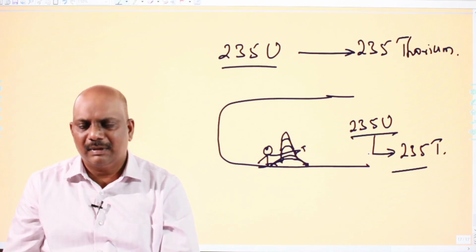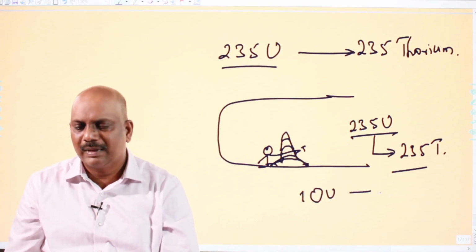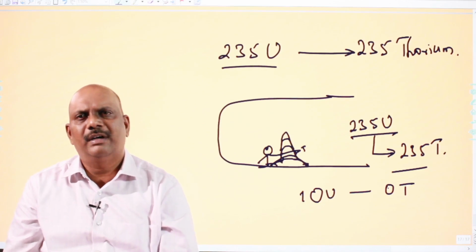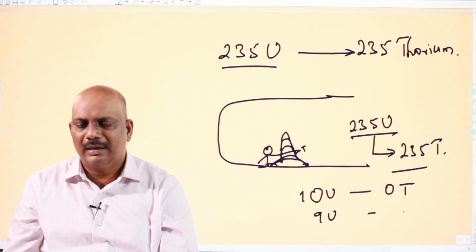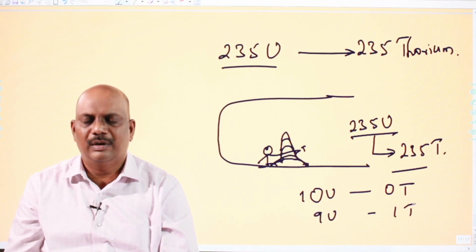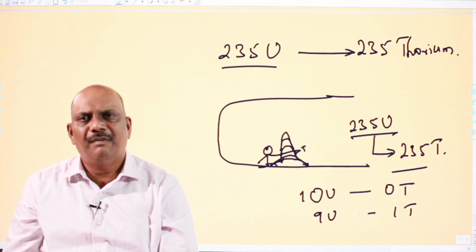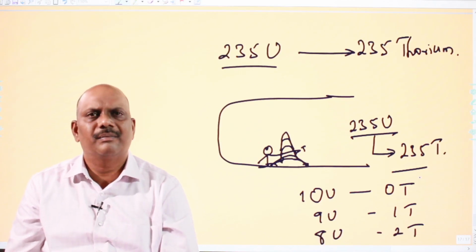With passage of time, suppose if it is fresh, 10 units, there will be 0 units of thorium. Maybe after 10,000 years there may be 9 units of uranium and 1 unit of thorium. Maybe after 30,000 years, we may see 8 units of uranium and 2 units of thorium.